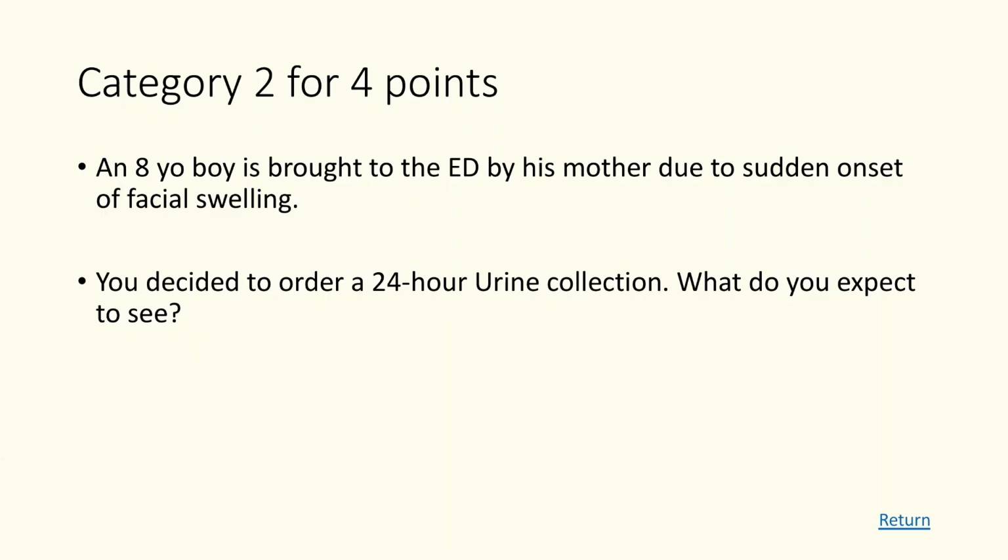Okay, you order a 24-hour urine collection. What do you expect to see on this one? High protein. Remember that 3.5 number. 3.5 grams of protein in a 24-hour collection is this disease.